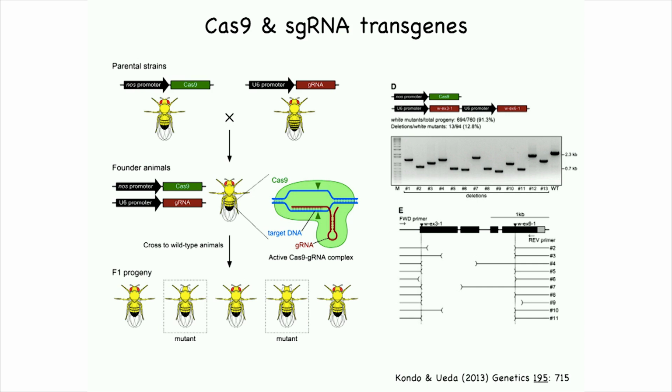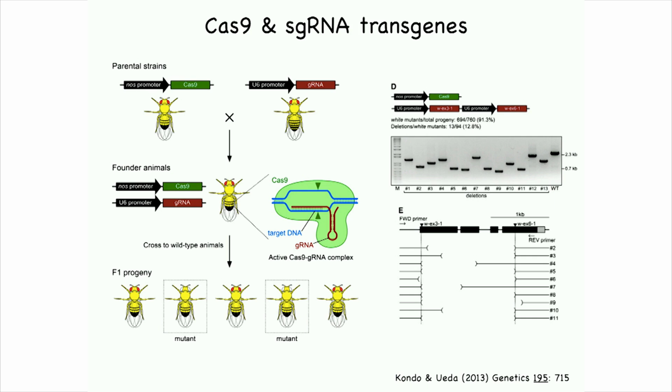And this is an example of using a situation like this where you actually have two guides encoded in the genome of one of the parental flies, and you get deletions induced by cleavage at both of those sites.